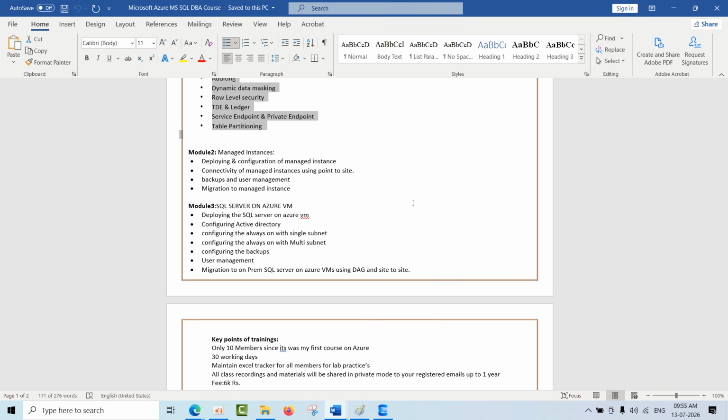If you want to migrate from 2012 to 2025, basically you have to be on the latest CU or latest service pack. After that, you have to be on an intermediate version. So we will check all these possibilities and then come to one conclusion.